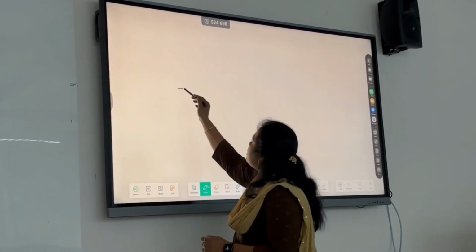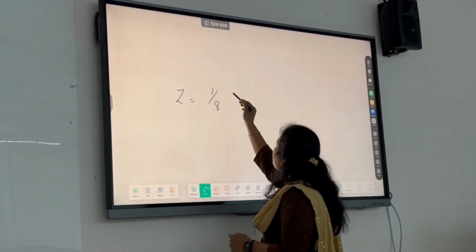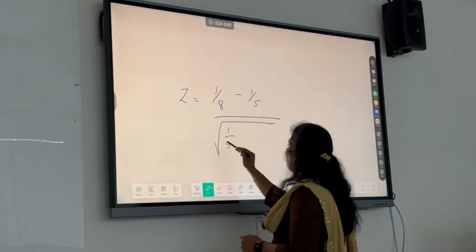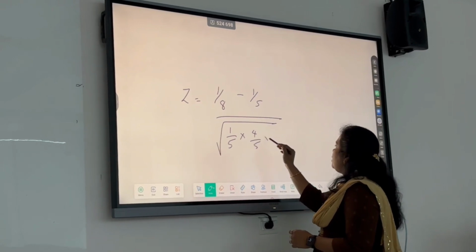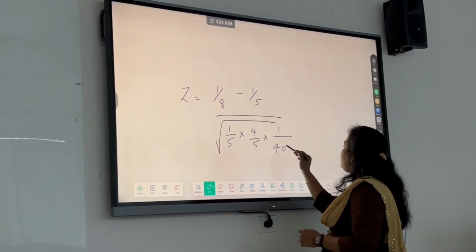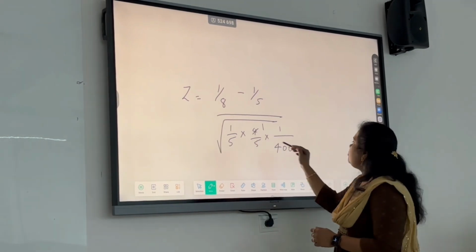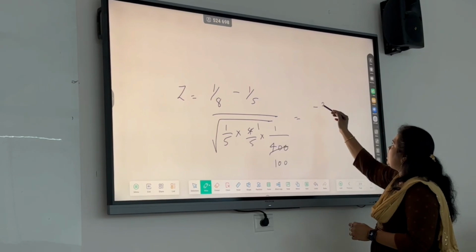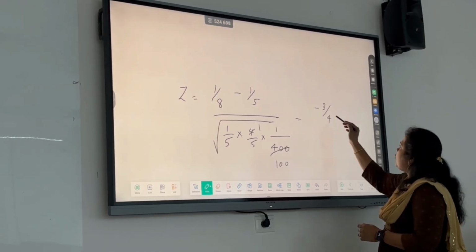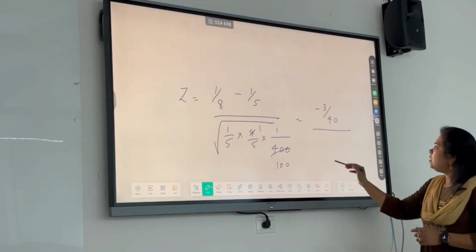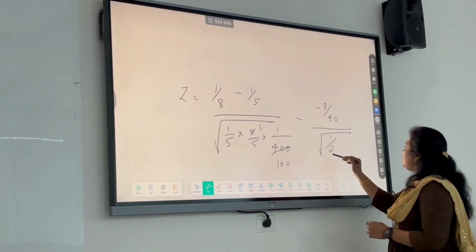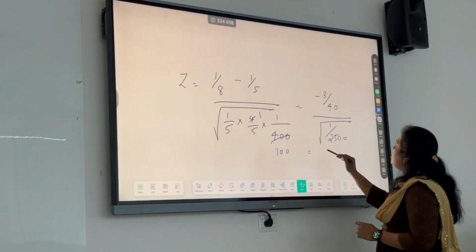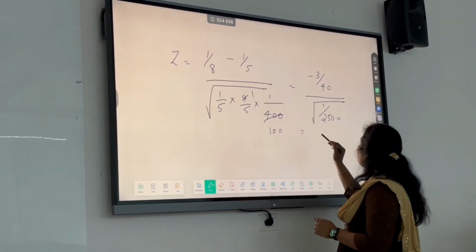So we get z equal to 1 by 8 minus 1 by 5 divided by root of 1 by 5 into 4 by 5 into 1 by 400. Cancelling that down and subtracting the terms, you get minus 3 by 40 divided by the square root of 1 by 2500.